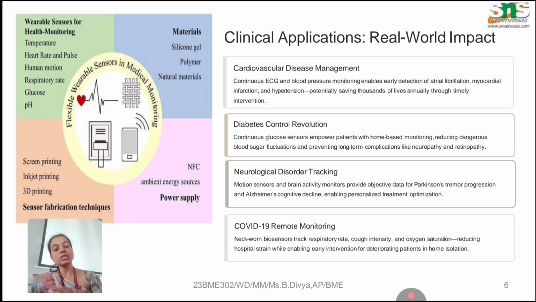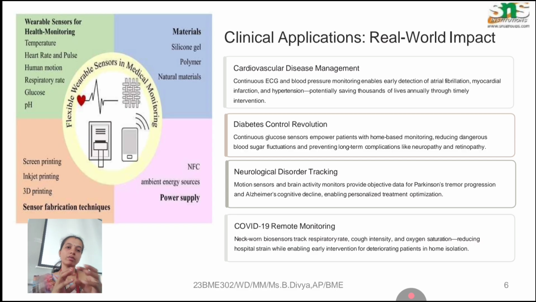How are these materials used to make the sensor fabrications? By using screen printing, inkjet printing and 3D printing, these sensors can be fabricated. With the help of NFC and ambient energy sources, the devices can be connected.